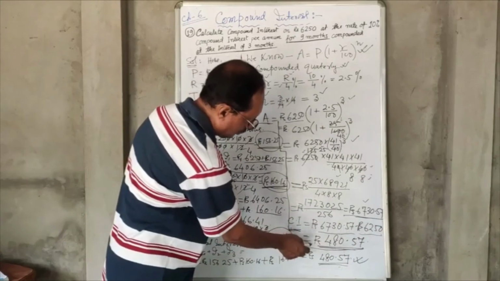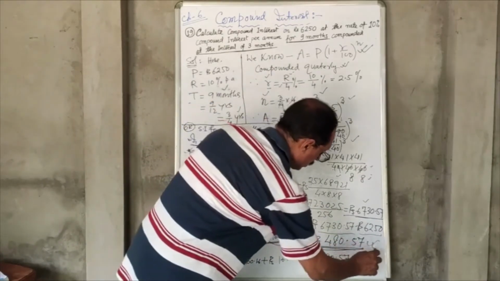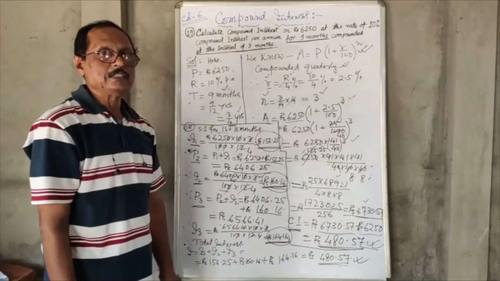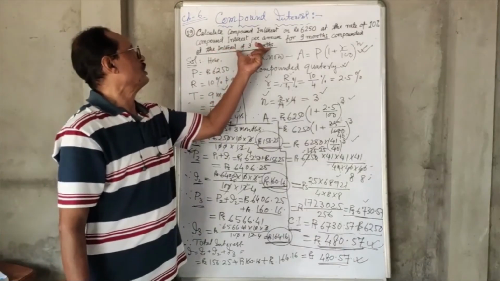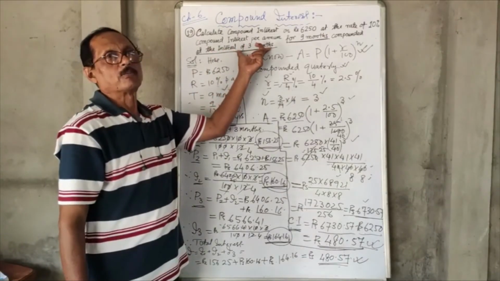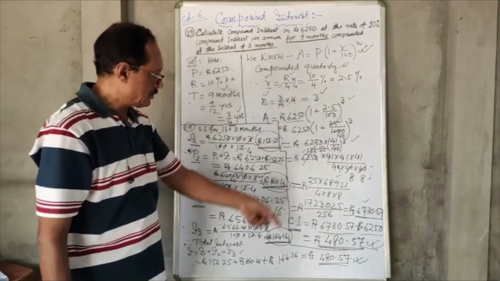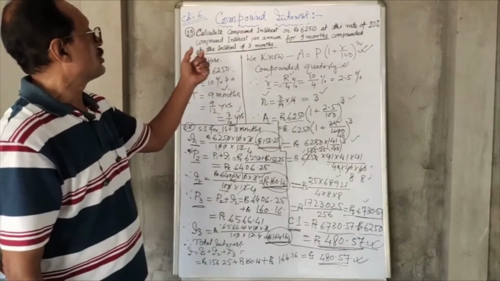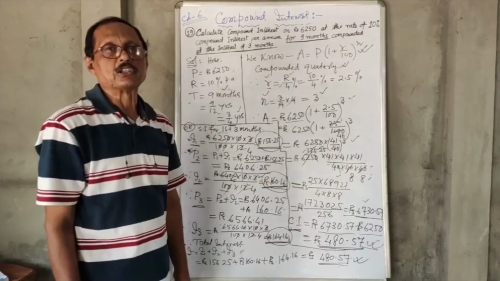Subtracting, we get rupees 480.57 as the compound interest of the given sum for 9 months, if the interest is converted into principal after an interval of 3 months, that is, it is compounded quarterly. So this is the way to solve the problem when the interest is compounded quarterly or half yearly.